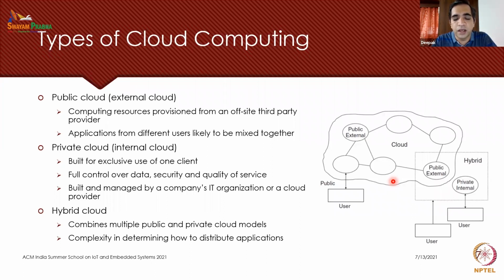And one of the things that could happen there, which is quite natural, is that there are now multiple users trying to access some service from the cloud. So there could be applications from different users that are mixed together in the cloud.